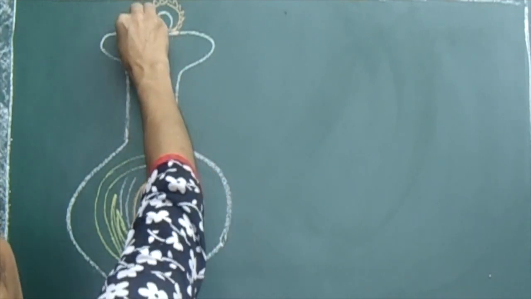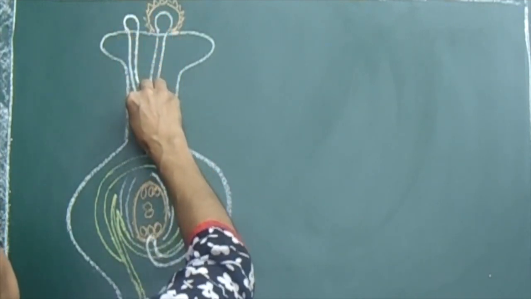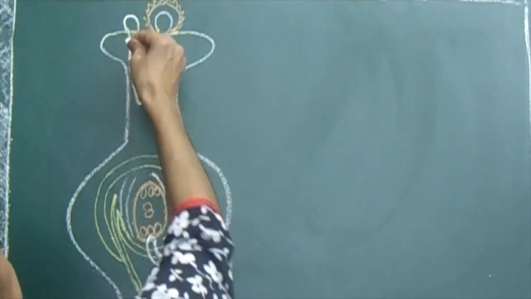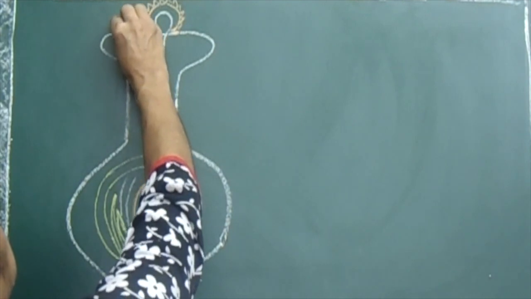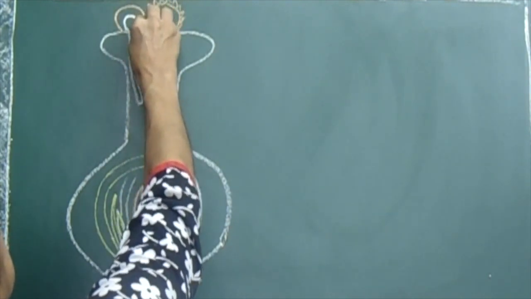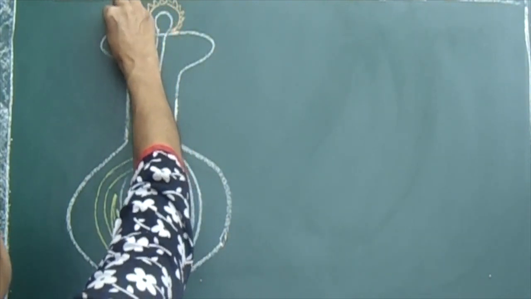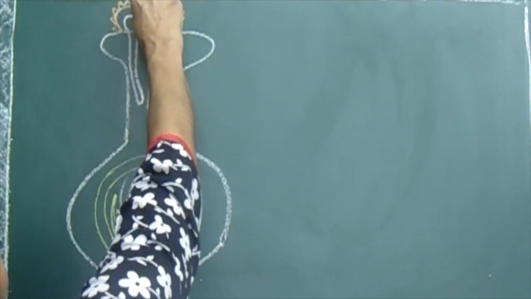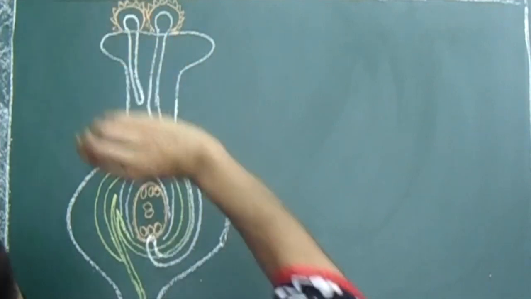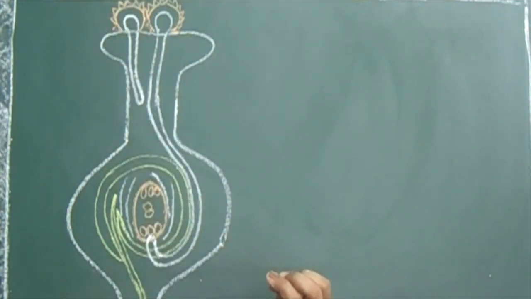So this is a half tube. It started growing. Same. Finished. Isn't it easy? Very easy.